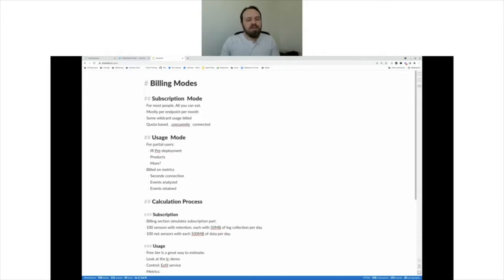It's simplest because it is based around the number of endpoints that you have concurrently connected. There are some other usage-based aspects to it, which we'll go over. But in general, the bulk of the billing will be based on the quota, and I'll get to that a little bit more. The idea is that this is the all-you-can-eat in LimaCharlie.